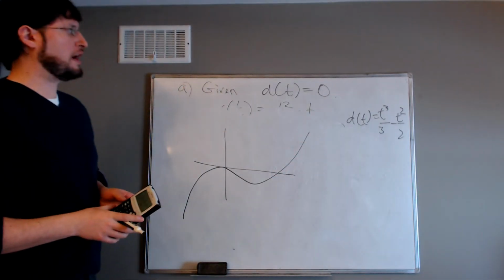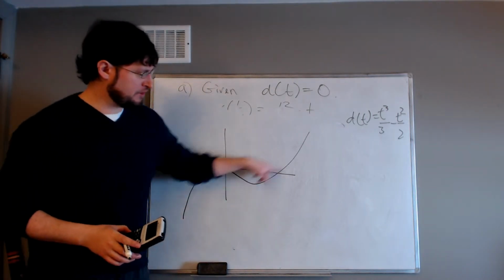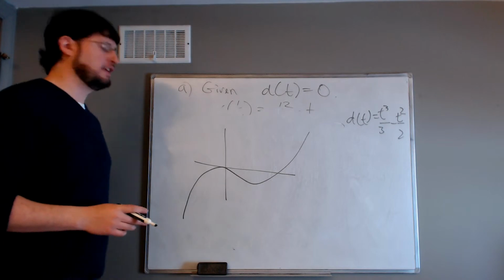I just graphed it with a standard zoom and then zoomed in one time to notice that in fact it does go below the x-axis.